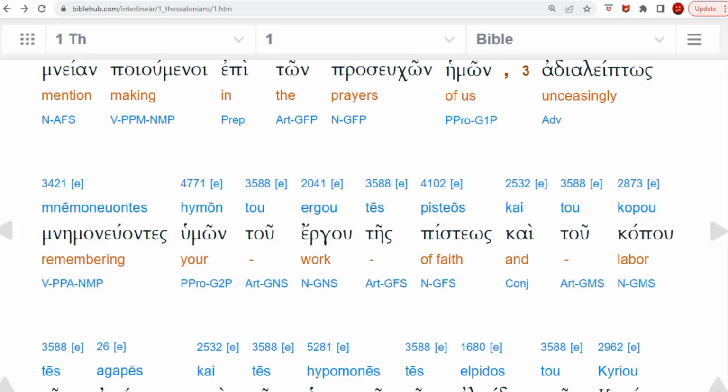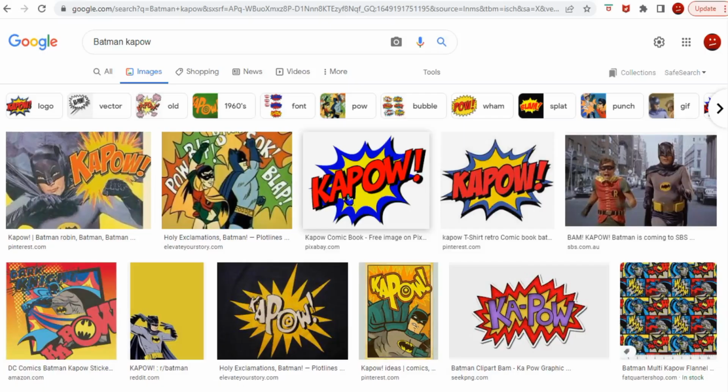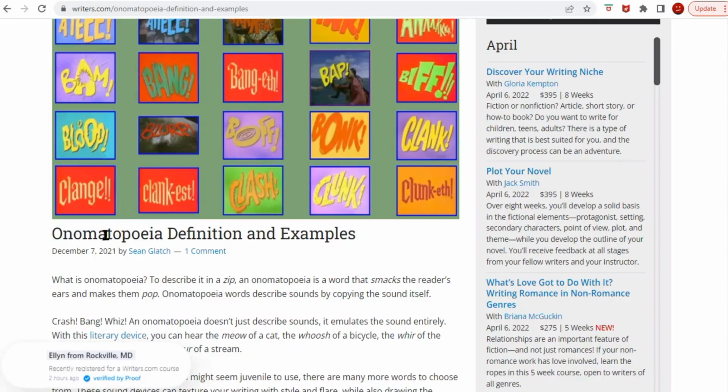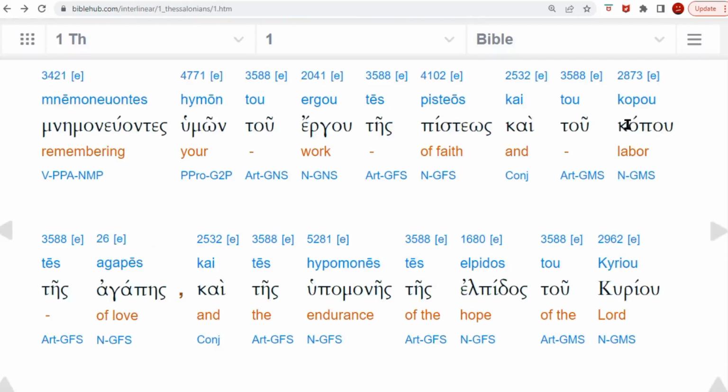K-O-P-O-W. Kapow. Kapow. This is an ancient word that means smack right in the kisser. It's an Adam word, it sounds like it sounds. That comes from onomatopoeia, a name to the poets, a word that the poets use to rhyme, a word that Adam used to name things, to toa, to come out.